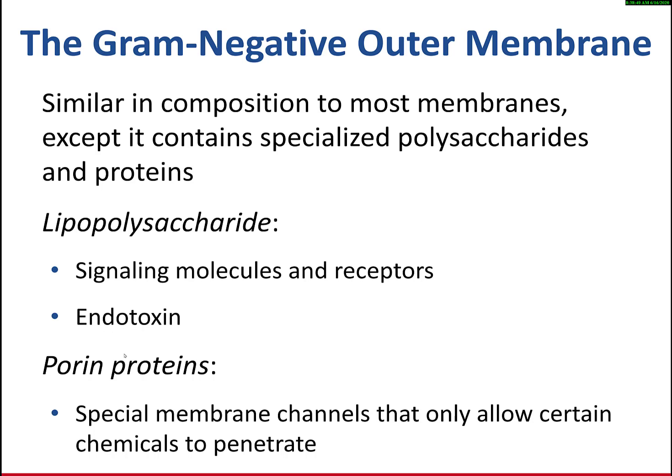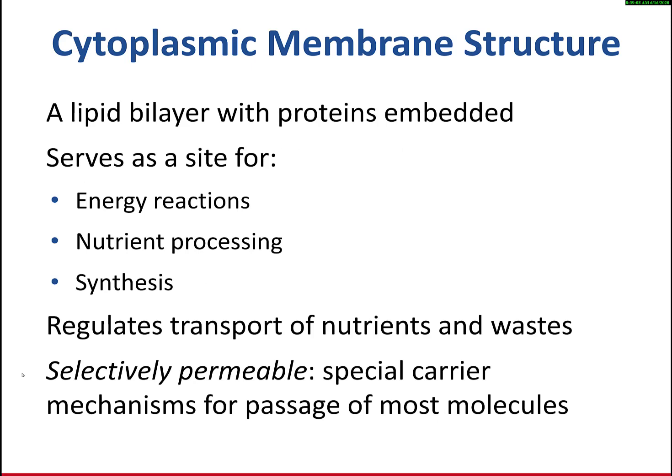Now, embedded in these areas are specialized membrane channels, or porins, that allow chemicals to get in and out of the cell. They're very specific for what they allow because of shape and charge, but porin proteins are really important in terms of bringing things in and the normal function of the cell.